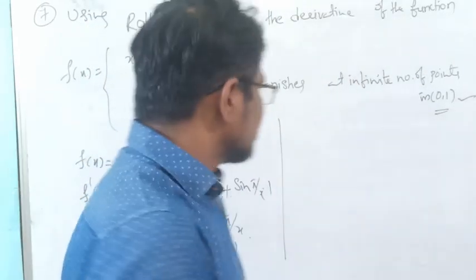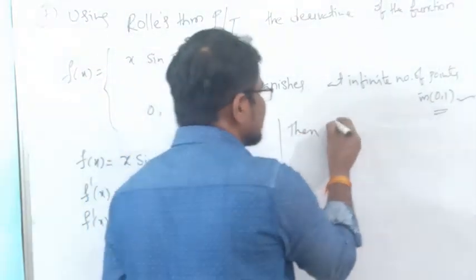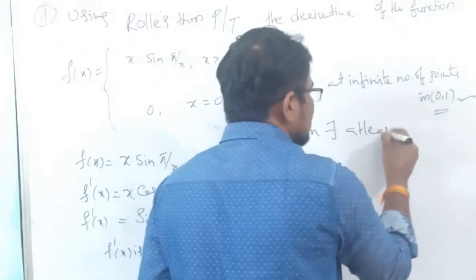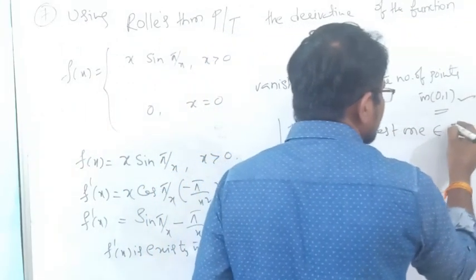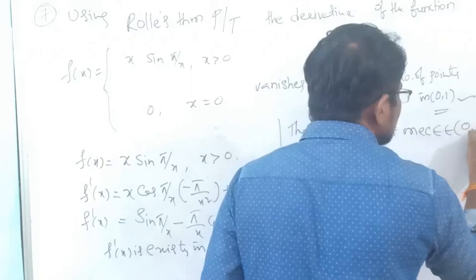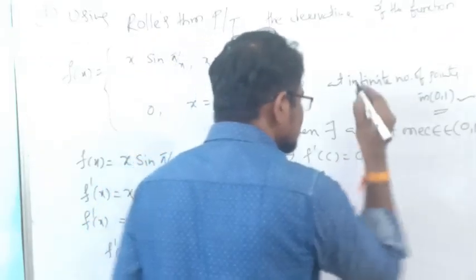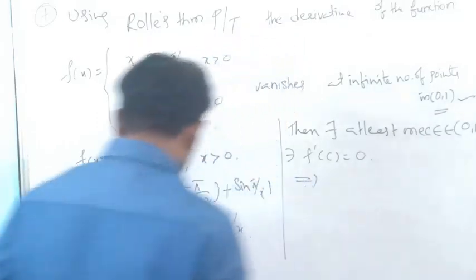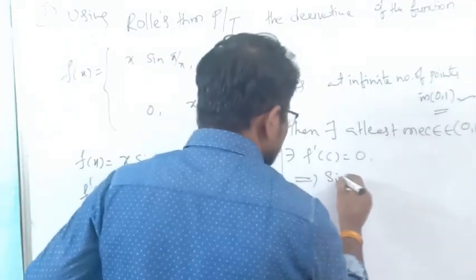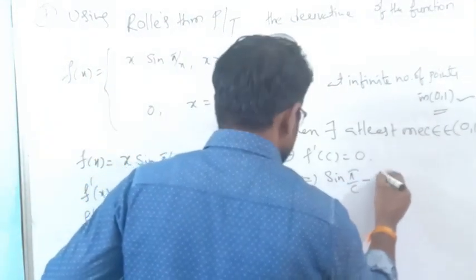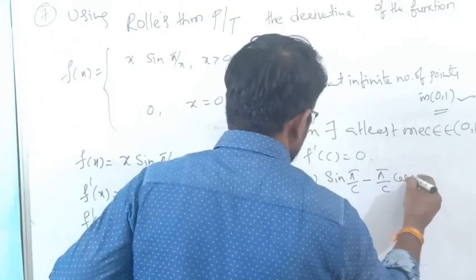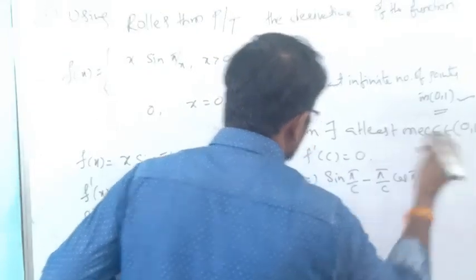Then we can say there exists at least one point C belonging to 0 comma 1 such that f dash of C equal to 0 only. That implies f dash of C, that means sin pi by C minus pi by C cos of pi by C equal to 0.